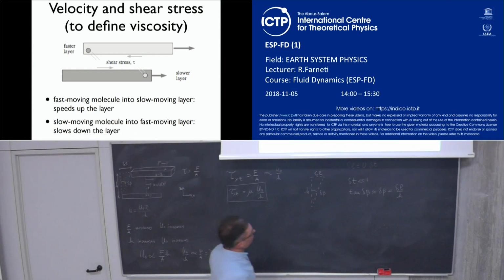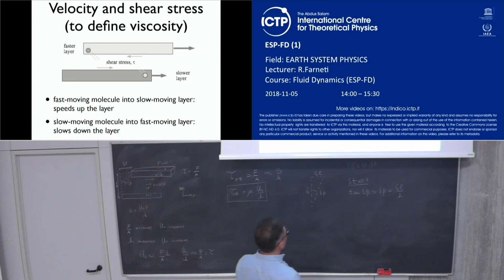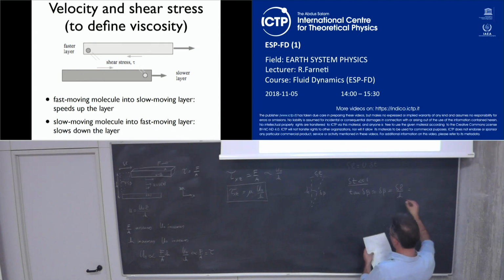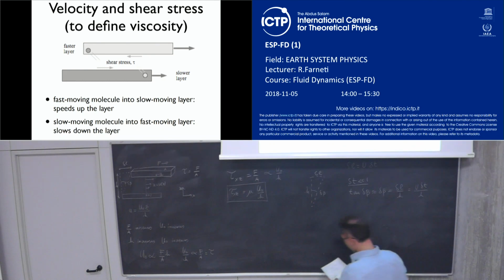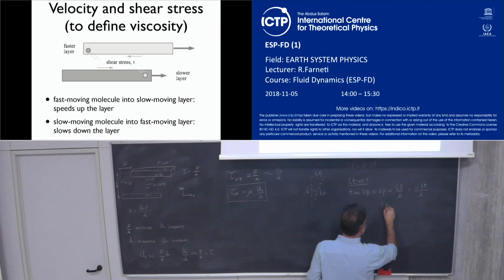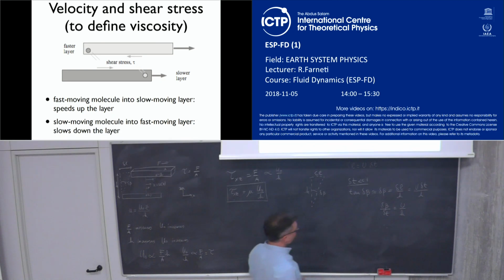So for very small delta t, tangent of delta b is equal to delta b. So you can approximate that to delta b, and delta b is delta L over H. So that delta b is u delta t over H. Okay, so delta b over delta t is u over H.